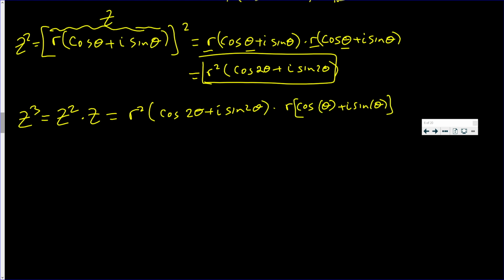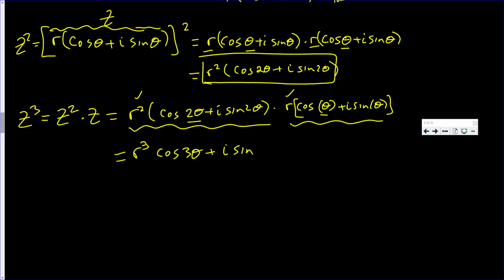And this is in r CIS theta form, so is that. So we multiply the r's, r squared times r is r cubed, and we add the angles. We get cosine 3 theta plus I times the sine of 3 theta.